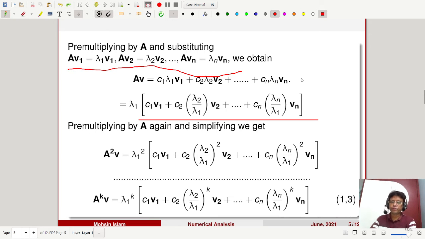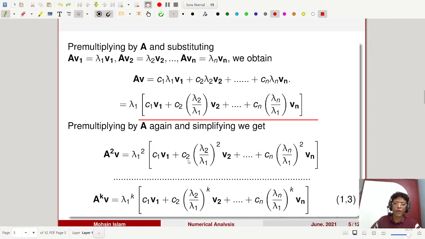Now again, pre-multiply this equation by A. So it will be A squared v. A squared is a matrix multiplication, A times A. Again you are substituting these values and simplifying, you will get lambda 1 squared common.